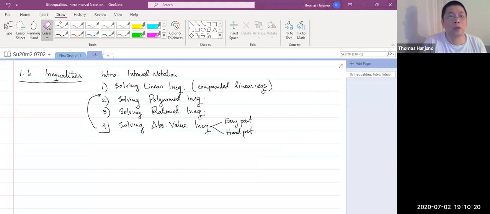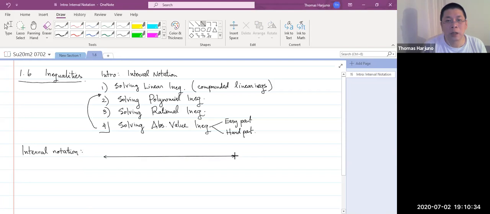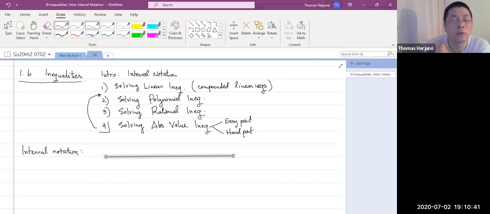Let's start. First one, introduction to interval notation. Now, how do we express the solutions or the interval between, this is what we learned from our basic algebra.